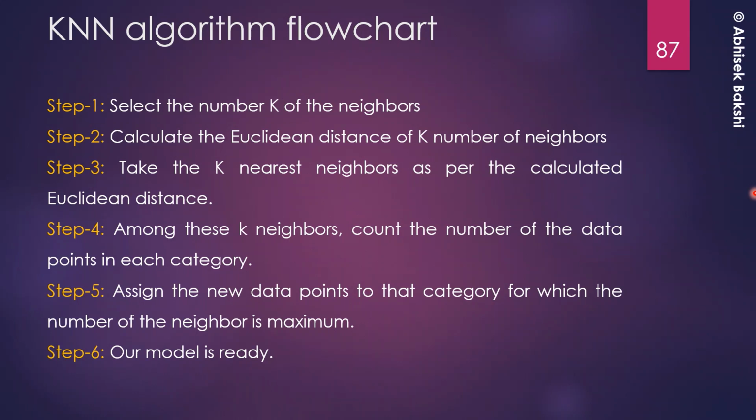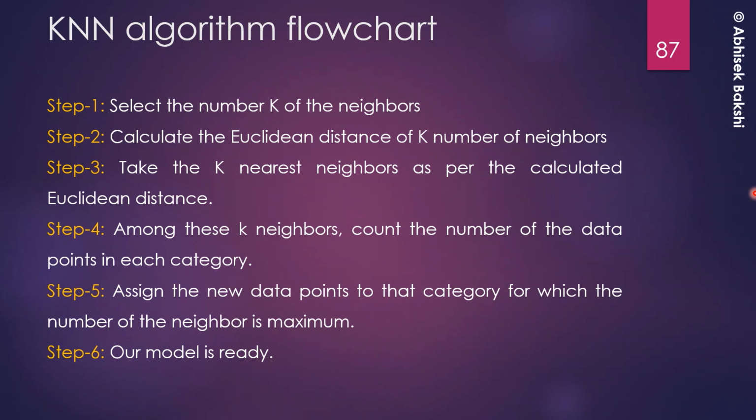So, anyway, let's see. In step 1, we select an arbitrary number k. Okay. We then calculate the Euclidean distance to the neighbors, and take the k nearest neighbors as per the calculated Euclidean distance, or maybe Manhattan distance.